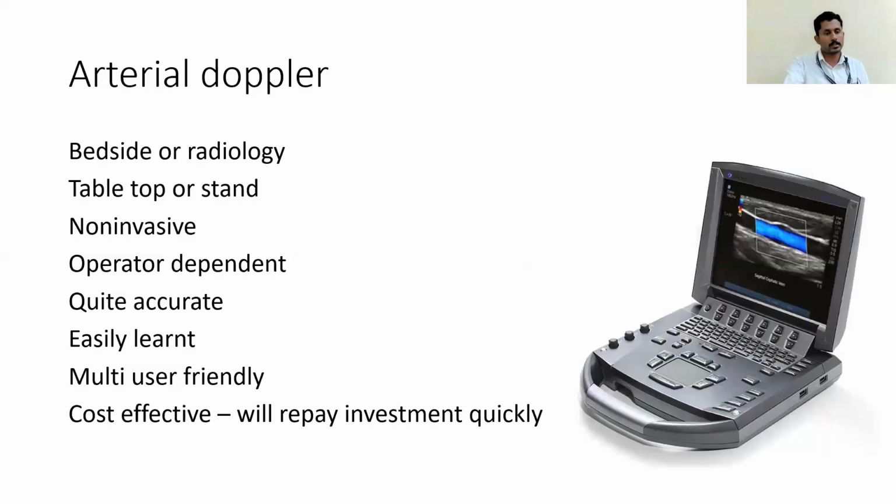The first basic test is arterial Doppler. We can do it at the bedside or get it from the radiology department. Different types of Doppler machines are available, table-mounted, and we can get portable ones also. The most important advantage is that it is non-invasive, but the main disadvantage is that it is operator dependent.